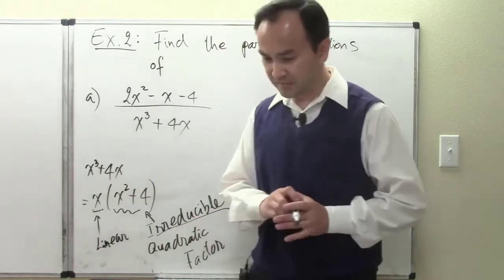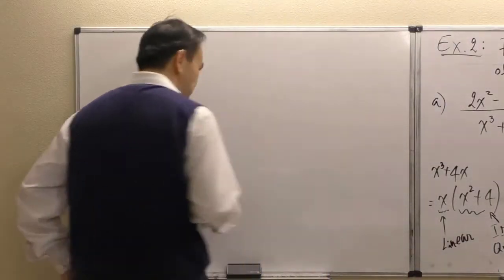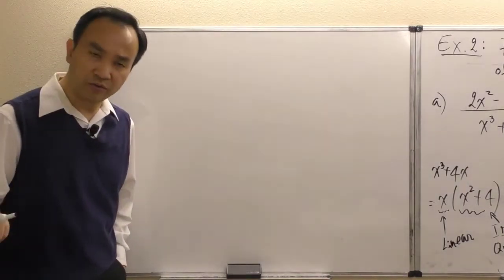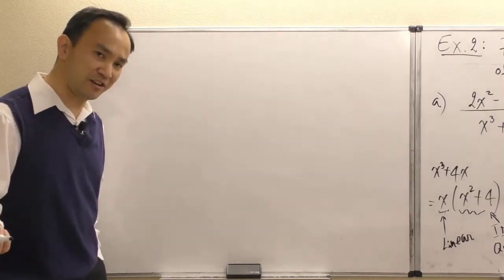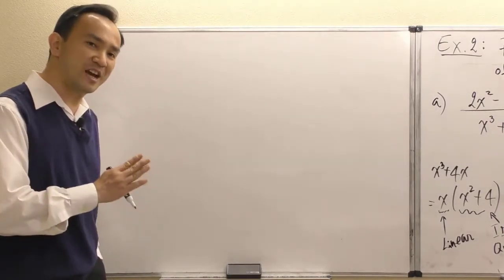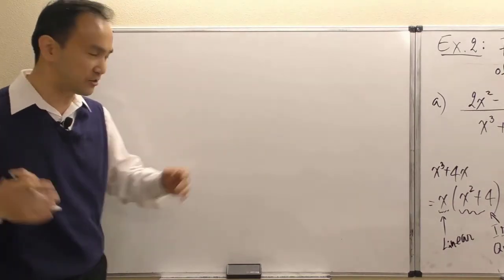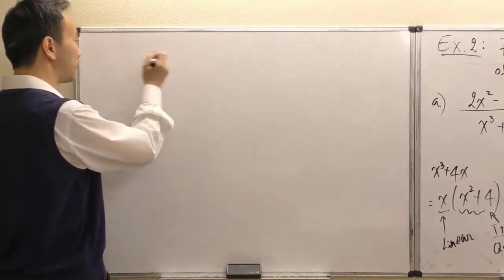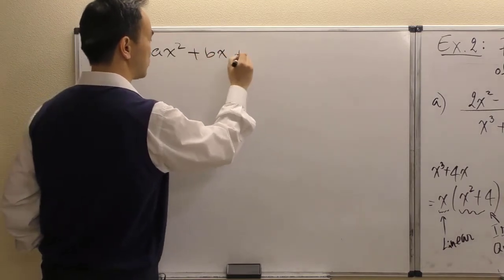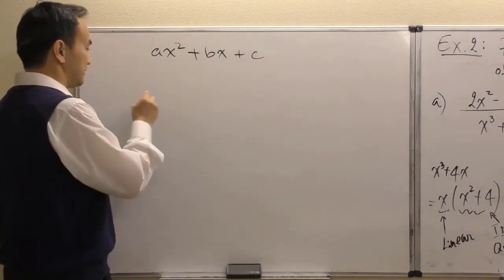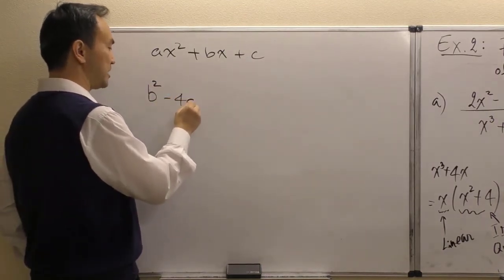But then let me quickly hop to the other board and mention the following. In case you run into a more challenging quadratic polynomial and would like to find out whether that given polynomial is irreducible or not, basically meaning you can no longer factor it, then recall that any quadratic is in the form of ax squared plus bx plus c. Do this double check right here: b squared minus 4ac. I mean b squared minus 4ac.